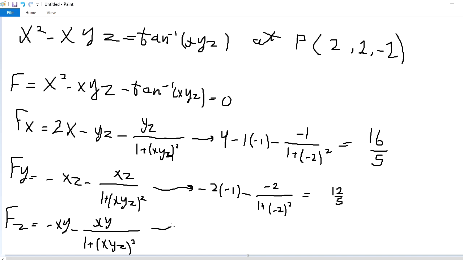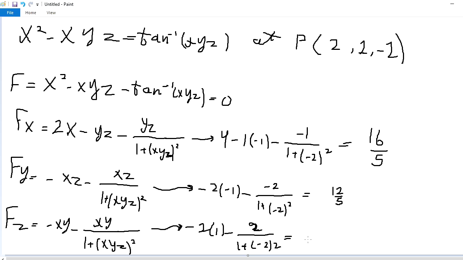Okay? And also the last solution, it's negative x, 2 times y, 1, negative x times y, it's 2, and then this one is 2, and then 1 plus negative 2 squared.